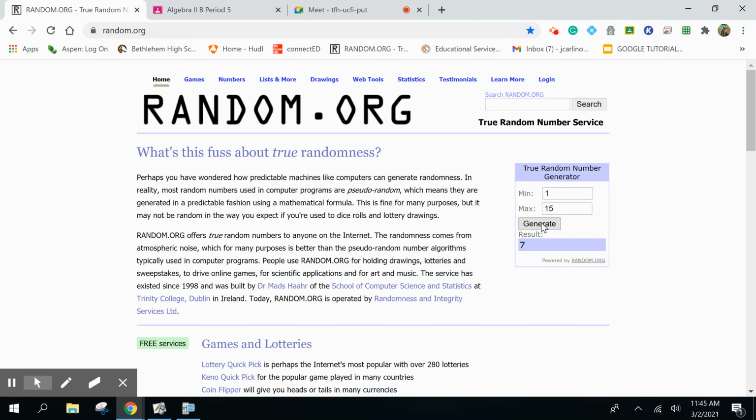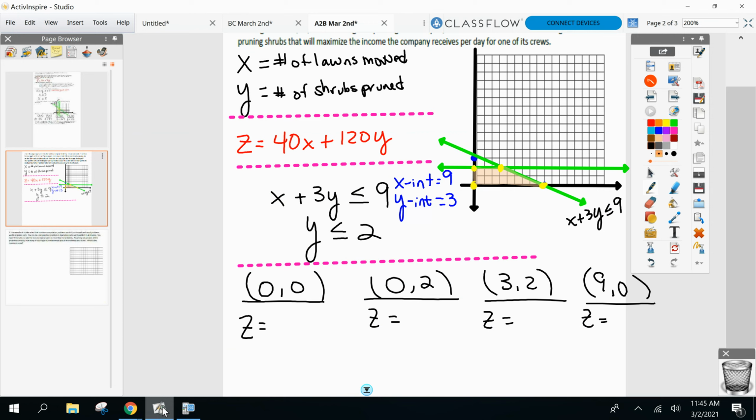Will, when you're ready, let me know what you got for all the Z values when you plugged everything in. And I'm doing it again because Will is no longer with us.